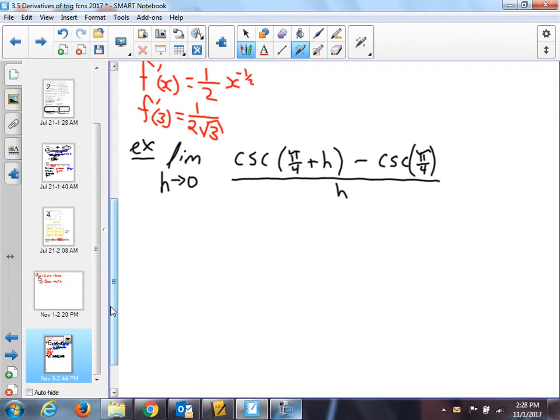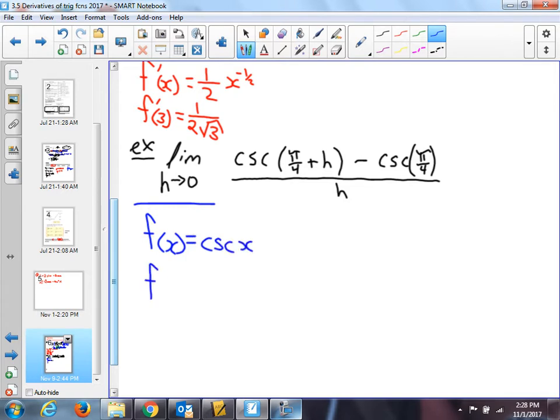Okay, so the shortest way possible is not doing this limit. That'd be a nightmare. So I'm going to instead say the function is equal to cosecant of x.